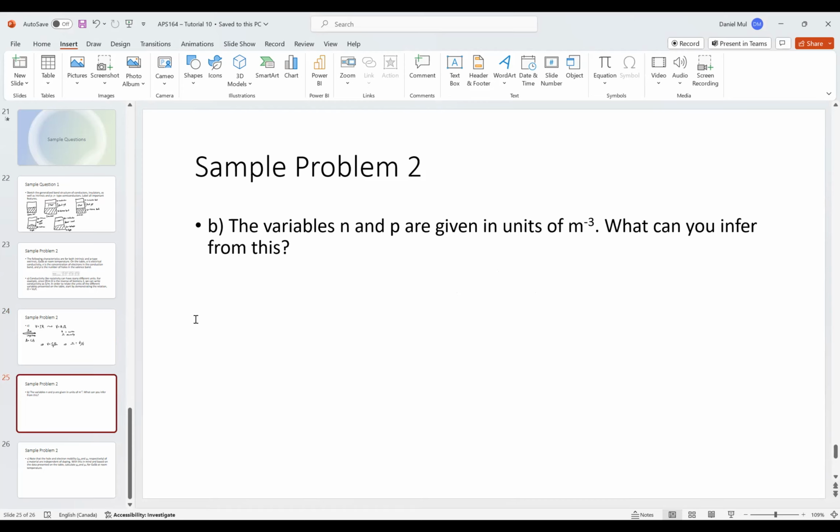B, the variables N and P are given in units of 1 over meters cubed. What can you infer from this? So what do you think 1 over meters cubed means? Yeah, sort of like a volume, like per volume.